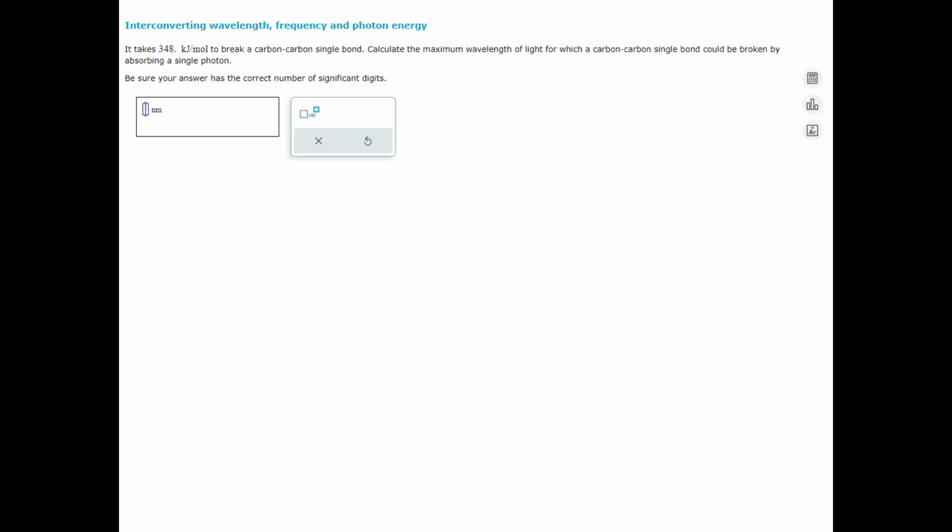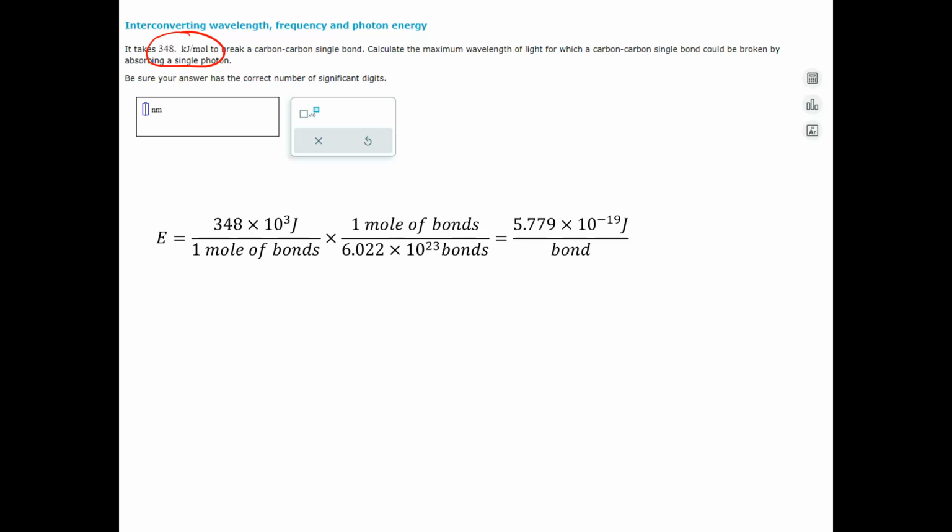Be sure your answer has the correct number of significant figures. So the first thing is we have to recognize that this number is telling us the energy to break a whole mole of chemical bonds. So we're going to want to divide by Avogadro's number to get just the energy required to break a single bond. So that's what I've done here.